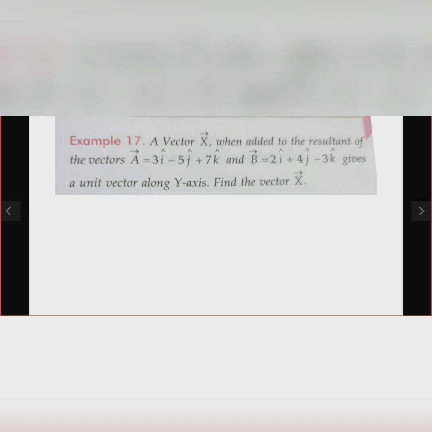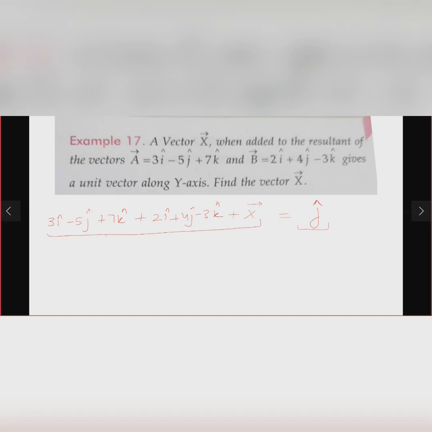So let's add vector A to vector B, and when I add a vector x to them, it gives me a unit vector along the y-axis, which is j hat. When I'm adding these three, I'm getting a unit vector j hat.